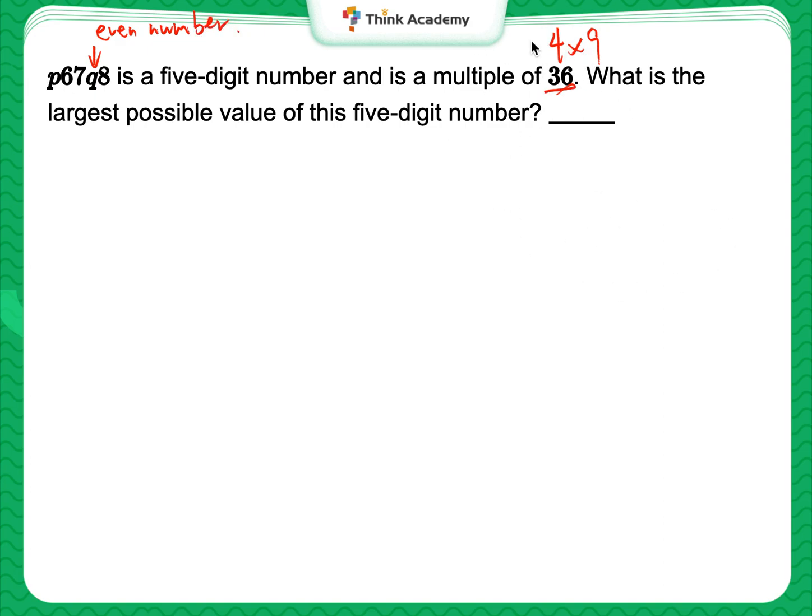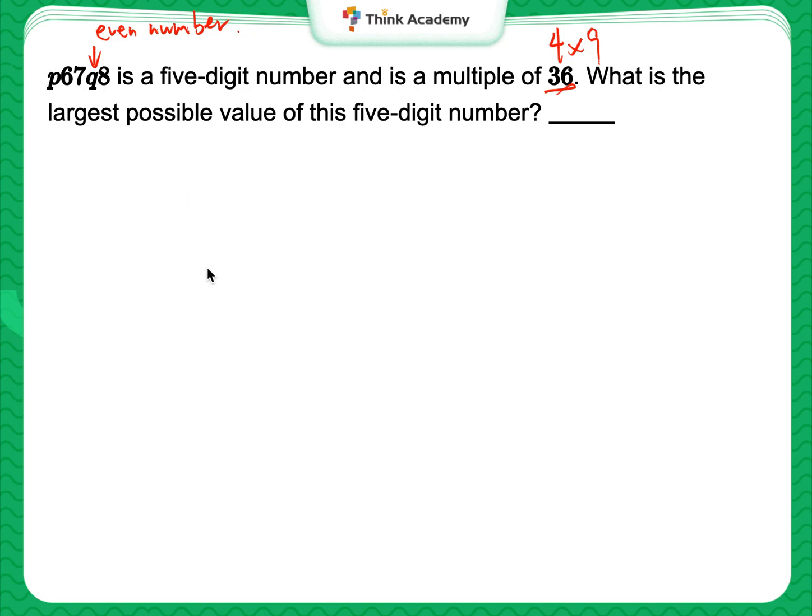Because according to the divisibility rule of 4, the last 2 digits should be divisible by 4. So Q must be an even number such that the 2 digits are divisible by 4.